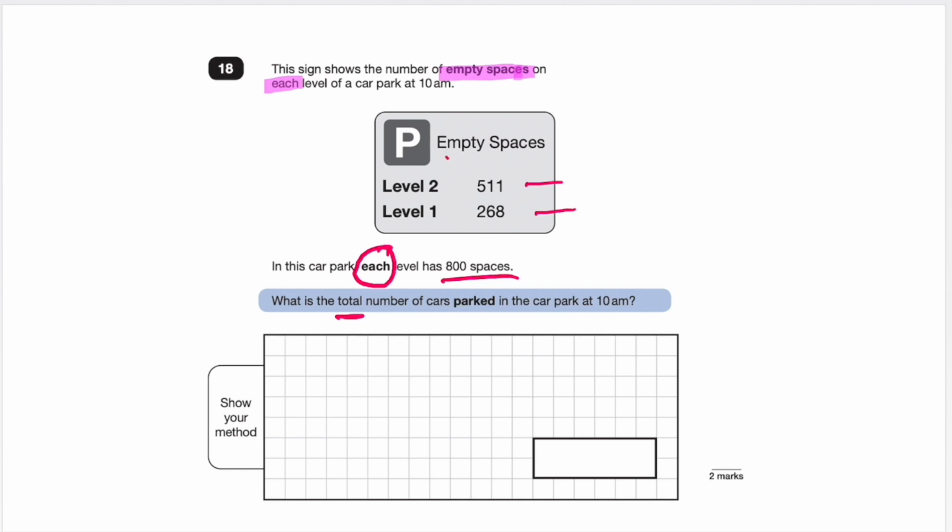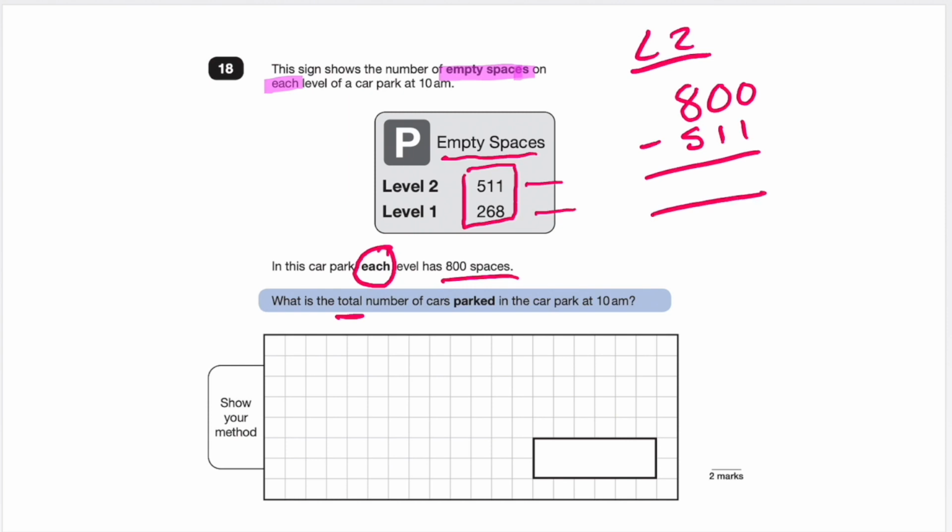Well, this is our empty spaces. So we can't just add these two numbers together. We need to find out how many people are actually in the parking bays. So let's do level 2 to start with. Level 2 has 800 bays. 511 are free. So if we subtract the 511, we're going to get how many are taken.